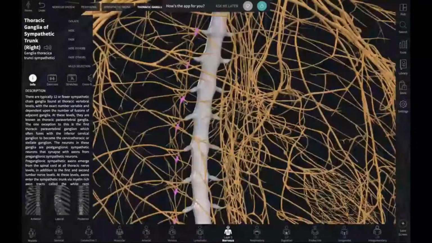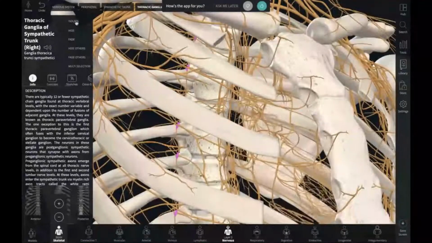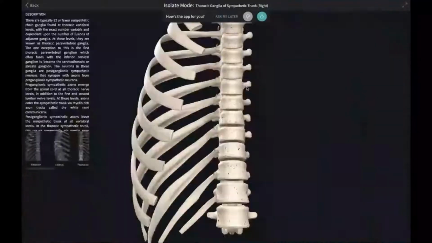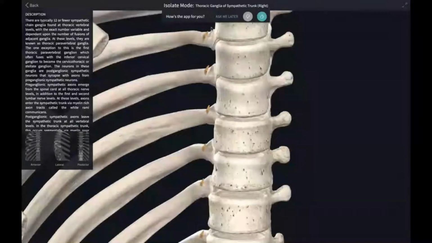This ganglion is present in all the areas adjacent to the vertebrae. Okay, so if you see here, adjacent to the vertebrae, these ganglions are present.